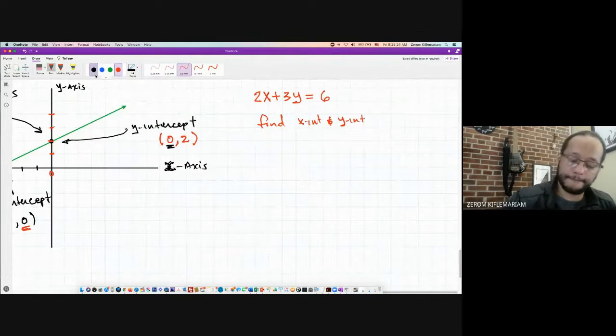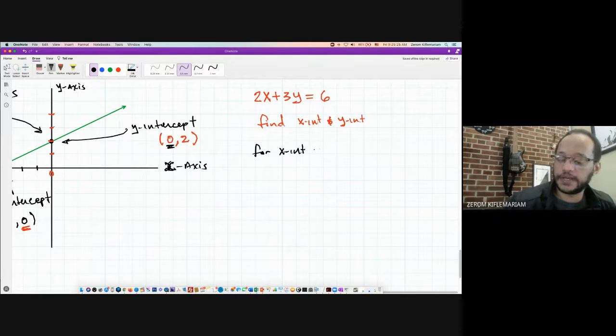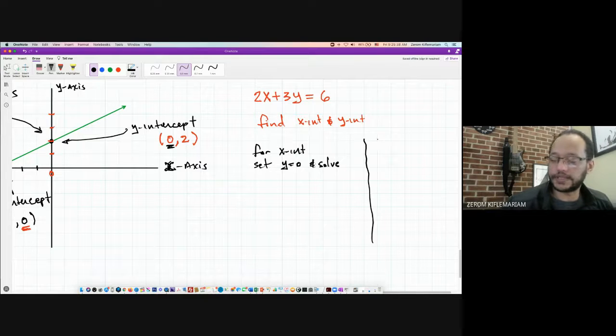For the x-intercept, what do we do? Set y equal to 0 and solve. On the right side, for the y-intercept, set x equal to 0 and solve.